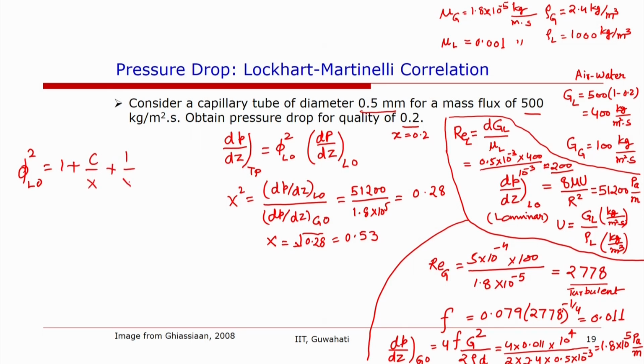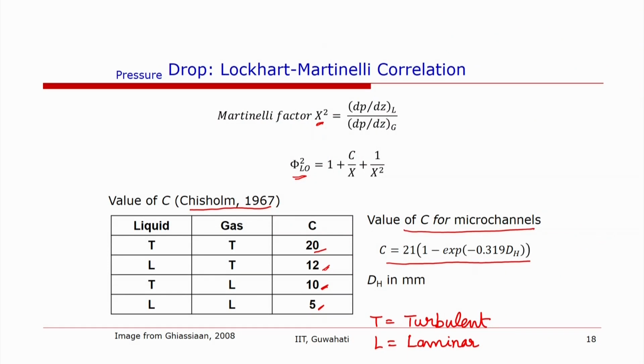Now we need to find out phi LO squared, or two phase multiplier, 1 plus C by X plus 1 over X squared. So we know everything else, the only thing we need to know is C, and we have seen that C is equal to 21 into 1 minus exponential of minus 0.319 d_H.